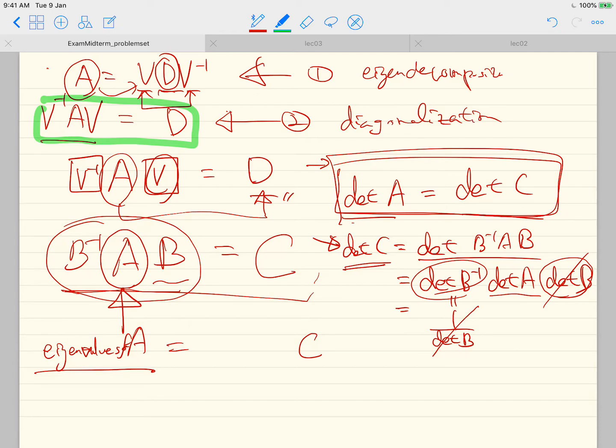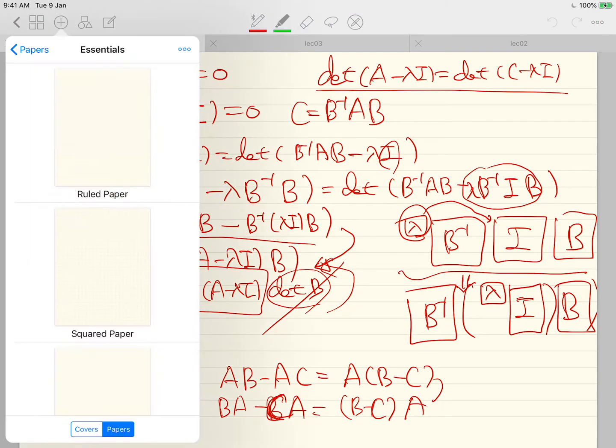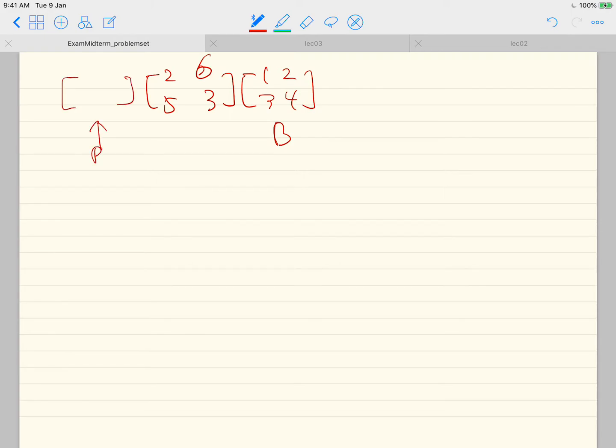So for example, if A was like 2 6 5 3, which is our ongoing running example, and then let me just give some arbitrary matrix B, and we just apply B inverse over here.